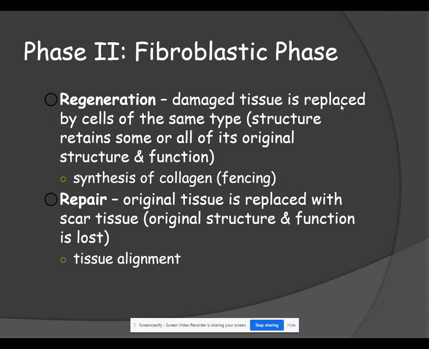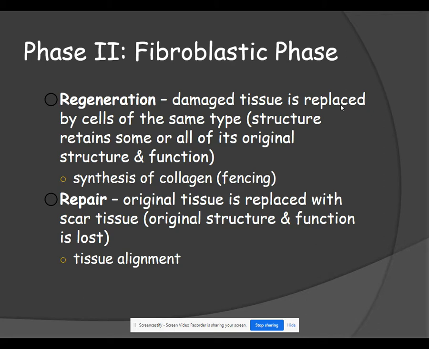Also, there's regeneration. So now we're fixing the damaged tissue and replacing the damaged tissue with the same type and structure, okay? And having a collagen or fencing. So this is where they kind of blend back together. So they make the extracellular matrix that contains the protein and collagen and elastin, not elasticon, that's a type of tape, elastin that is going to build the structures back to how it was.